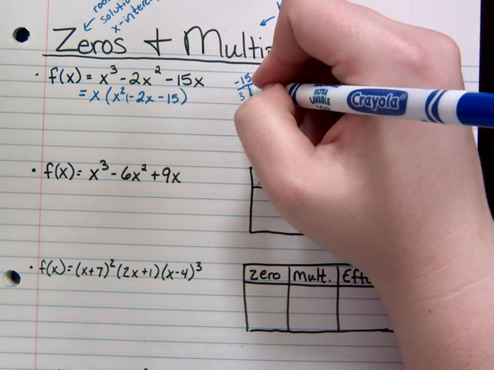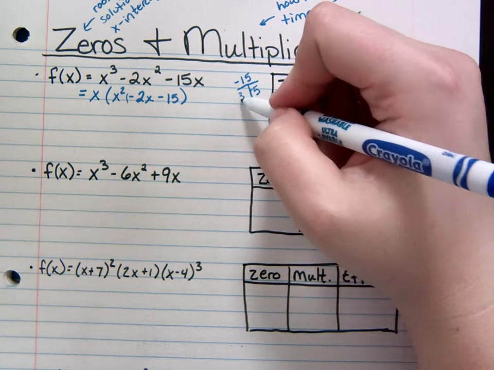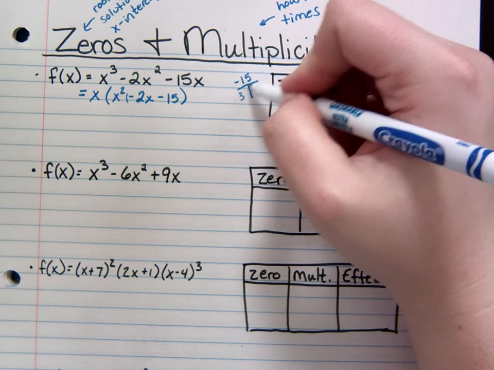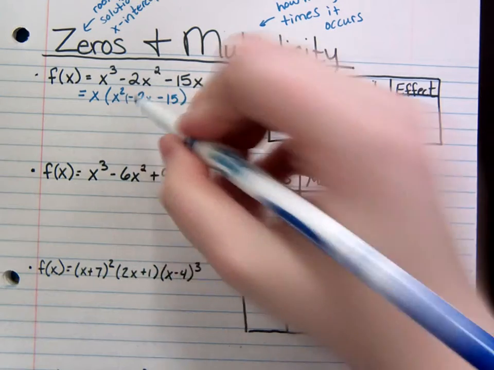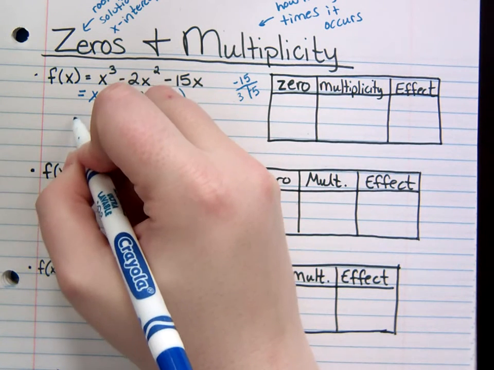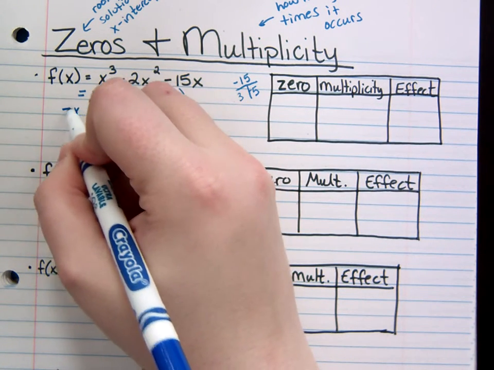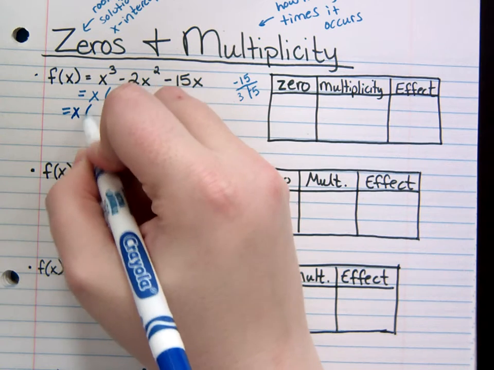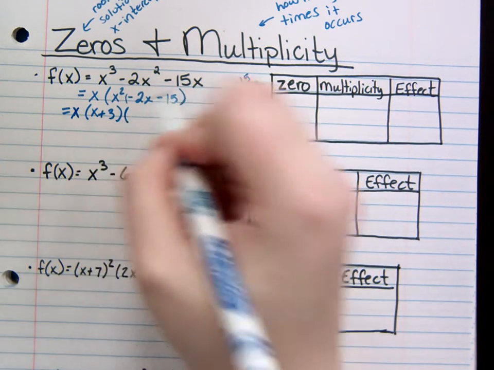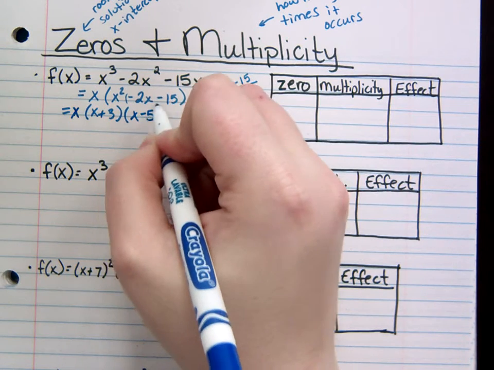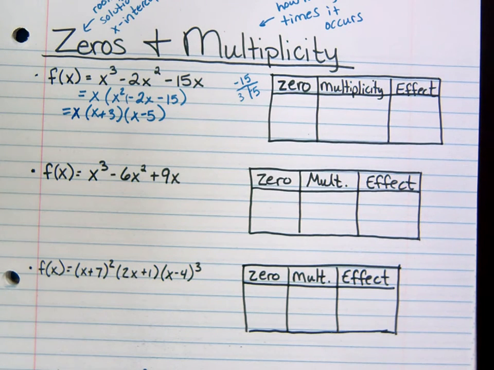If I make the 5 negative, 3 times negative 5 gives me negative 15, but 3 plus negative 5 gives me negative 2. So I can write this as x times x plus 3 times x minus 5. And I cannot factor this any further.